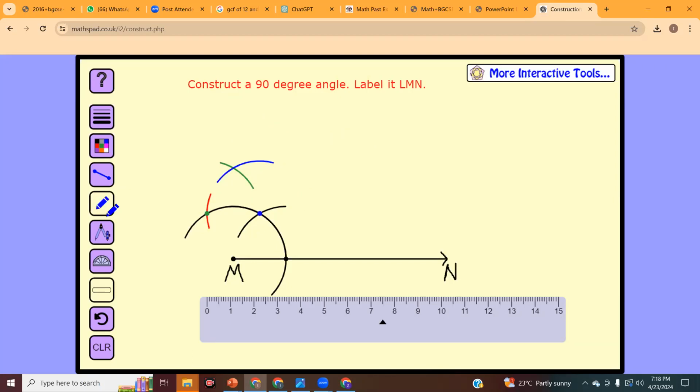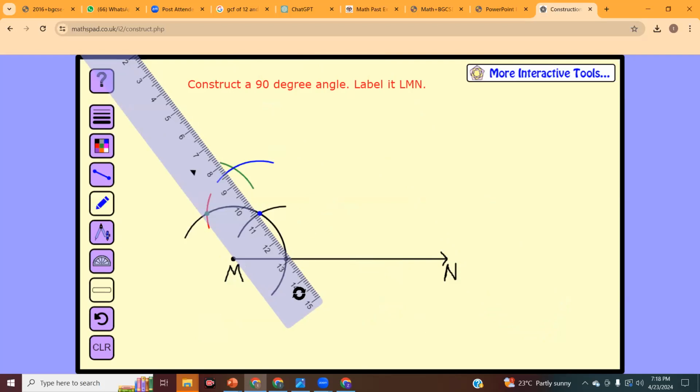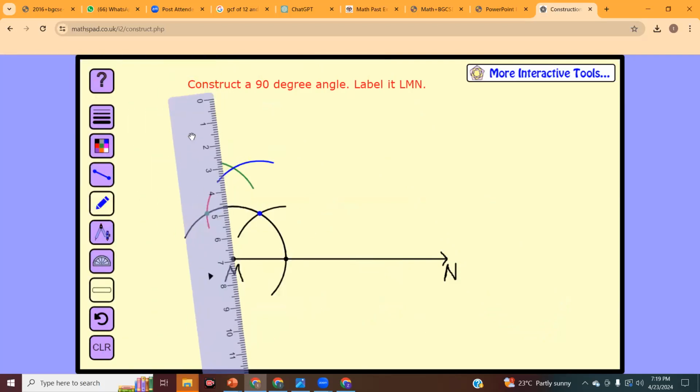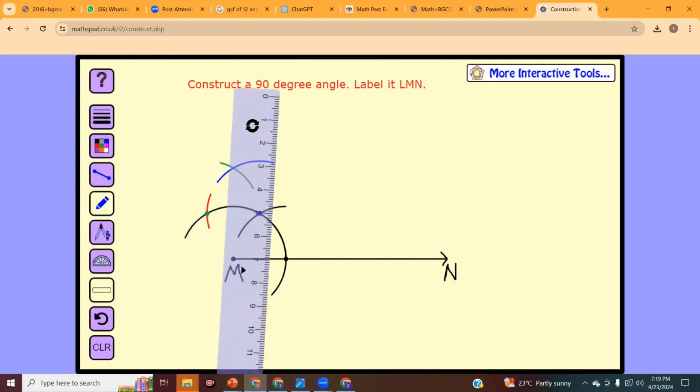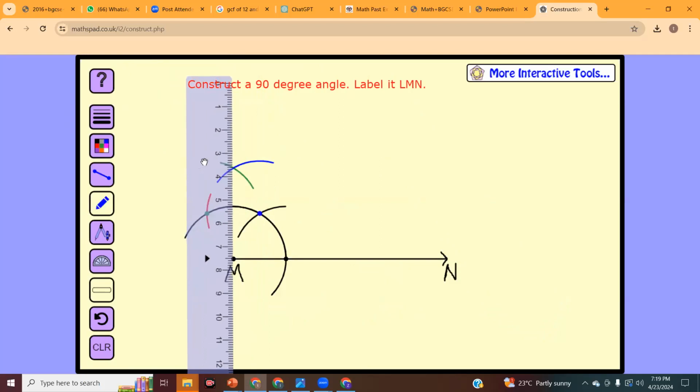And so we're going to come up here and come here. And then we're gonna draw a line, right? You're gonna use a ruler and draw a line straight down in the middle.